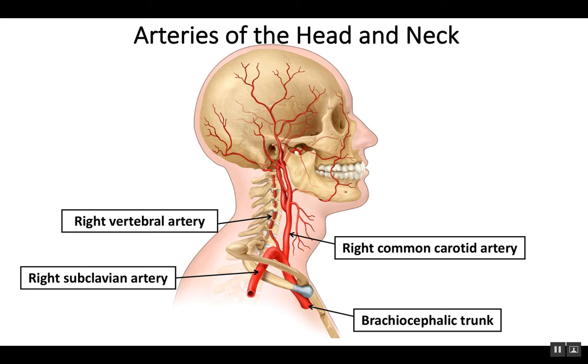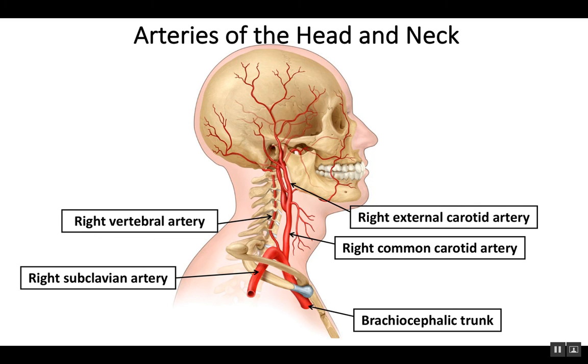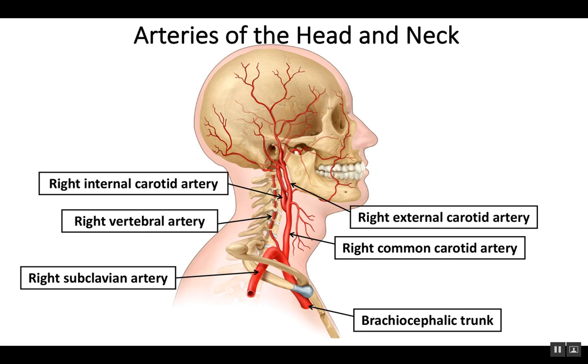Okay, let's look at the common carotid. The word common is usually in reference to the fact that the artery is going to divide or branch into 2. And this one branches into an external carotid and an internal carotid. And there's a big difference between the 2 in that the external carotid is going to supply all the structures of the head except the brain.